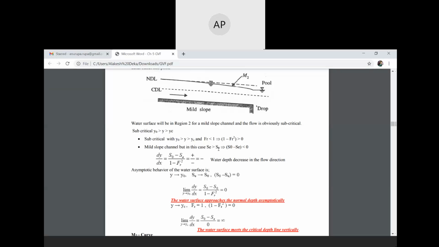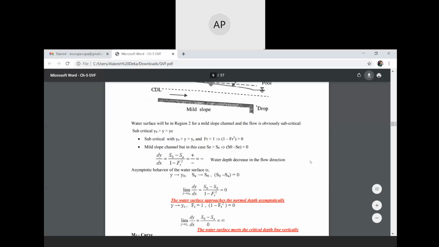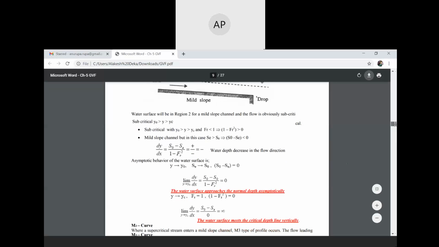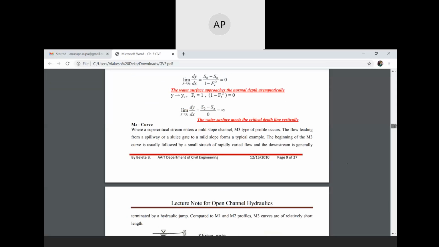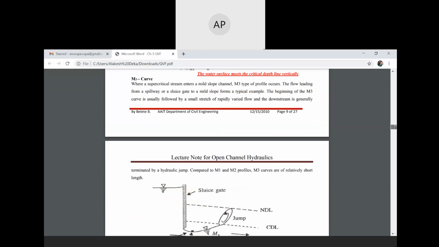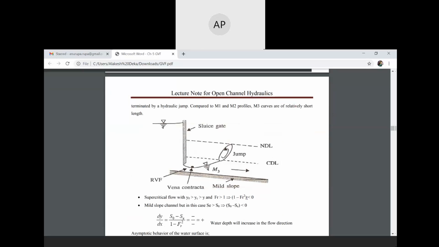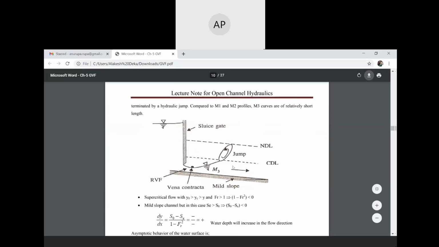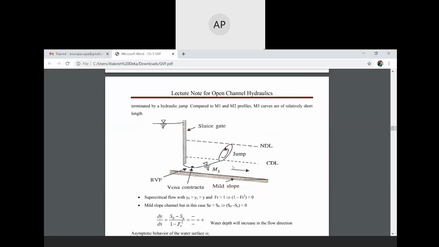Okay, so this is the condition of M1 profile and M3 curve. This is the M2 type. This is the M3 type. When M3 occurs, suppose in exam you are asked to identify some profiles. The figure is given and you have to identify the profiles.